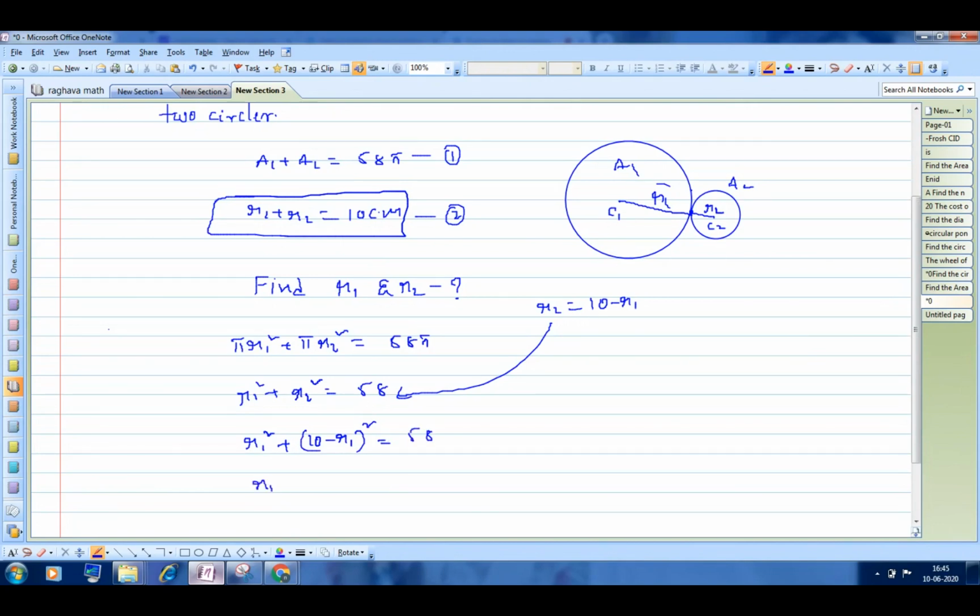Expand this: r1 square plus 100 minus 20 r1 plus r1 square is equal to 58. From here we get a quadratic equation: 2 r1 square minus 20 r1 plus 100 minus 58 is equal to 0. Again you can rewrite it as r1 square minus 10 r1 plus 42, since 100 minus 58 is 42.